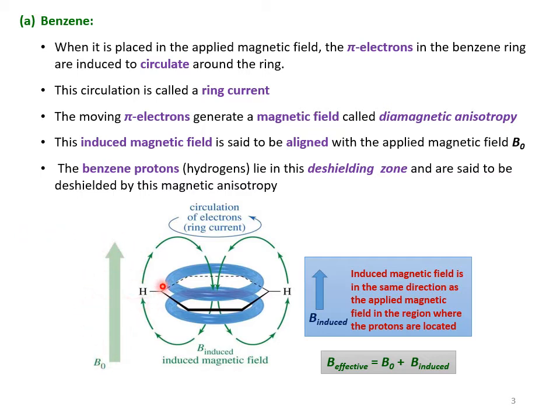However, where the protons of the benzene ring are located, the induced magnetic field is in the same direction as the applied magnetic field. Because of this, the benzene protons experience a greater magnetic field, that is B effective is equal to B naught plus B induced, as a result of which the benzene proton shows higher delta values.